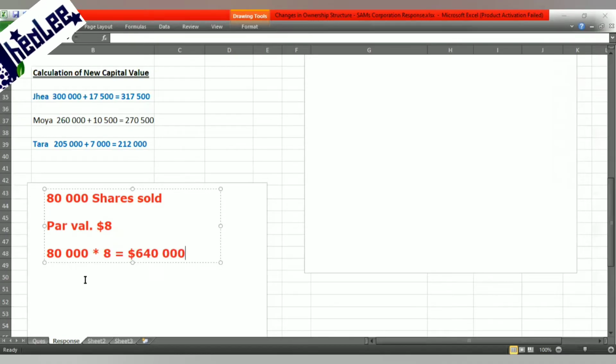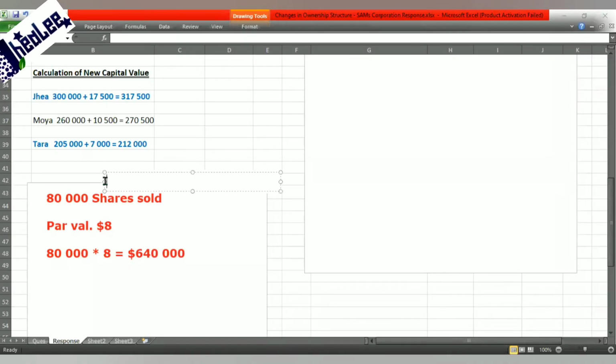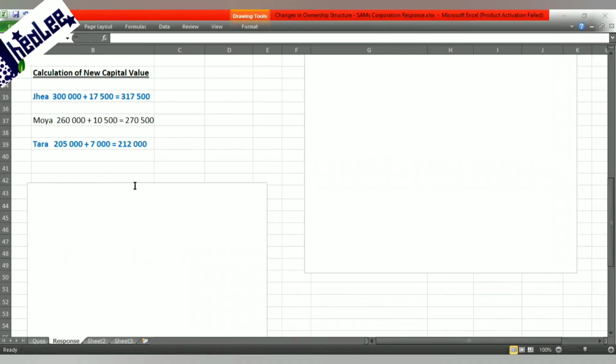Now, if the partner's value is greater than the share capital, then the extra, that is the difference between the partner's capital value and the share capital value, would be placed in what we call share premium. So let us look at the journal to determine if there is any share premium.